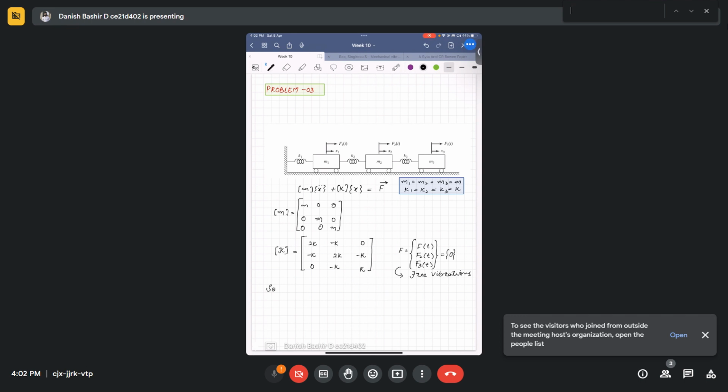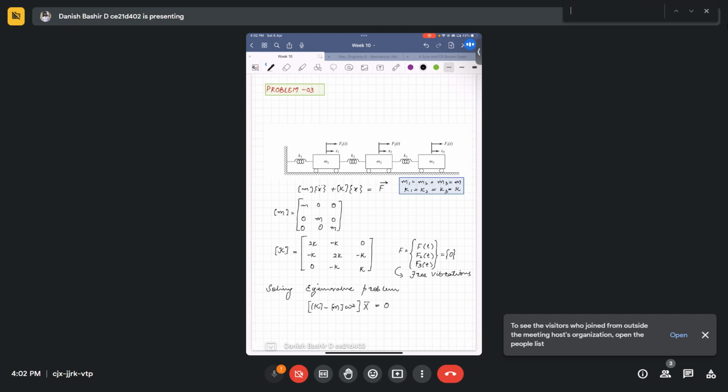Solving the eigenvalue problem, that is K minus M omega square, K matrix minus M matrix omega square, of x should be equal to 0.